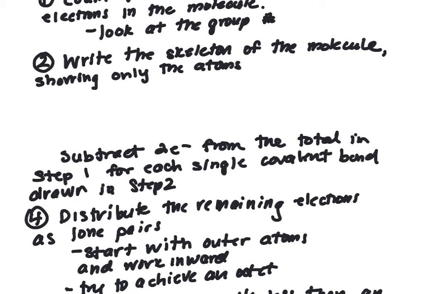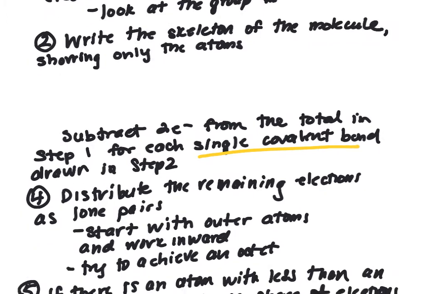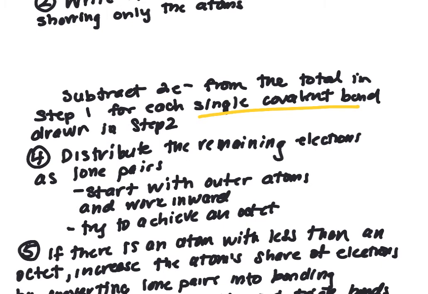Next, you're going to subtract 2 electrons from the total in step 1 for each single covalent bond that you draw in step 2. With the remaining electrons, you're going to distribute them as lone pairs. Add lone pairs starting with the outer atoms and then work your way inward. Again, the outer atoms should be more electronegative.